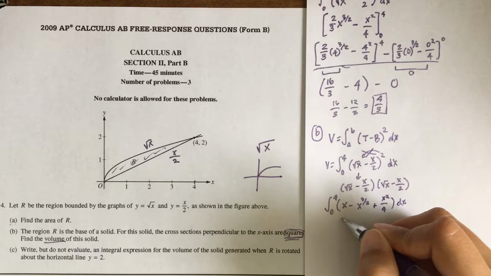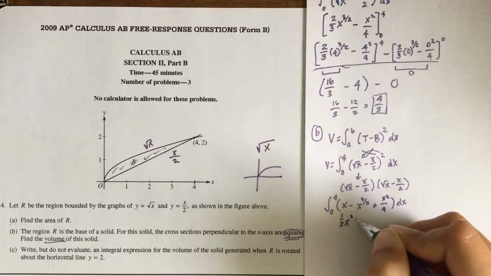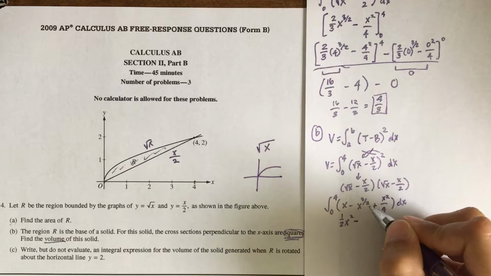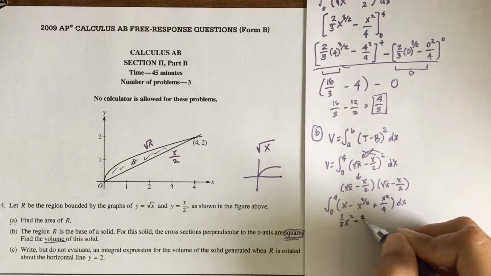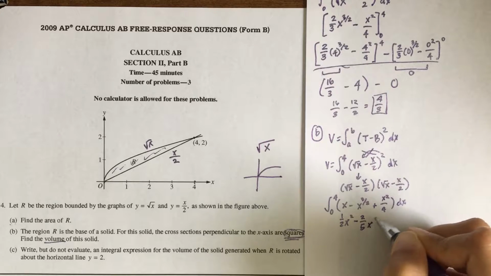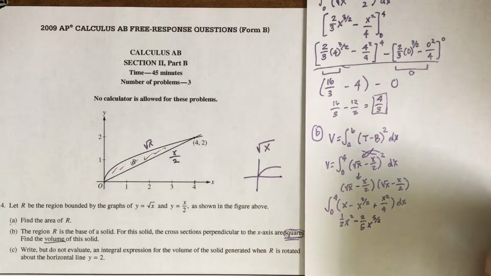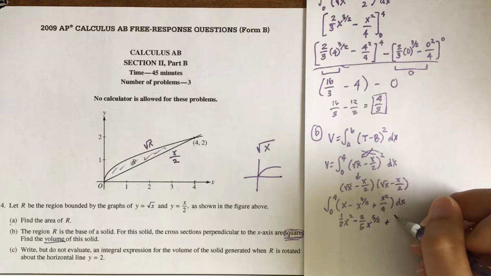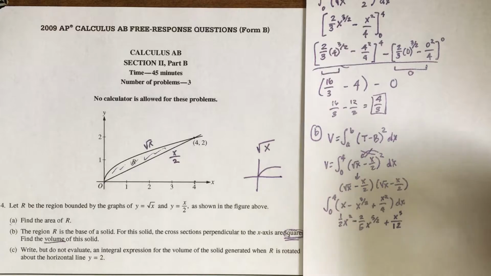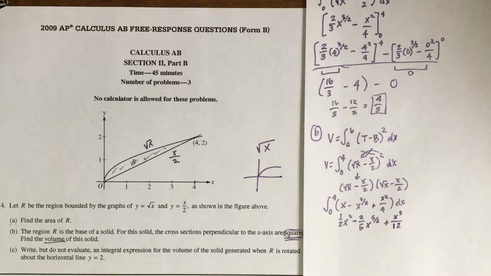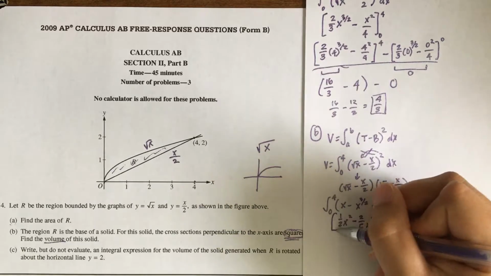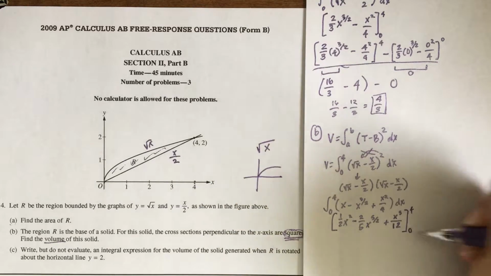This one becomes 1/2 x squared, minus x to the 3/2 becomes 2/5 x to the 5/2, and x squared over 4 becomes x cubed over 12. And then you follow the same process as in A, and you plug in the limits.